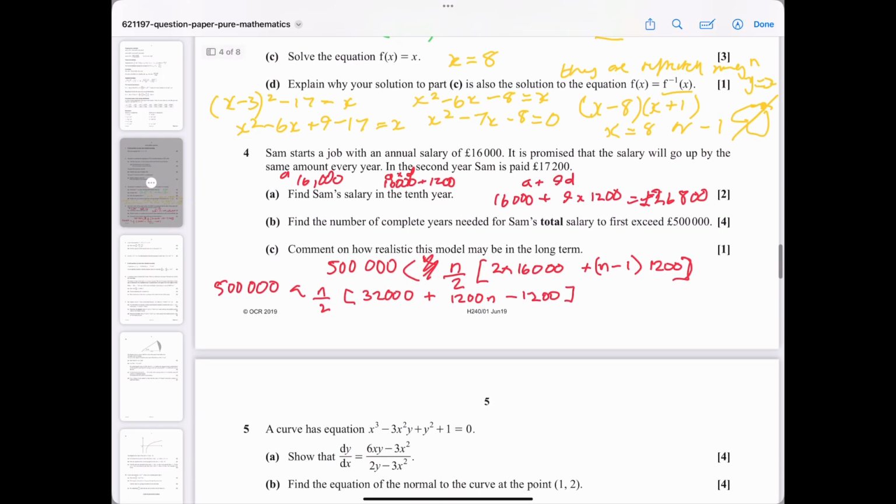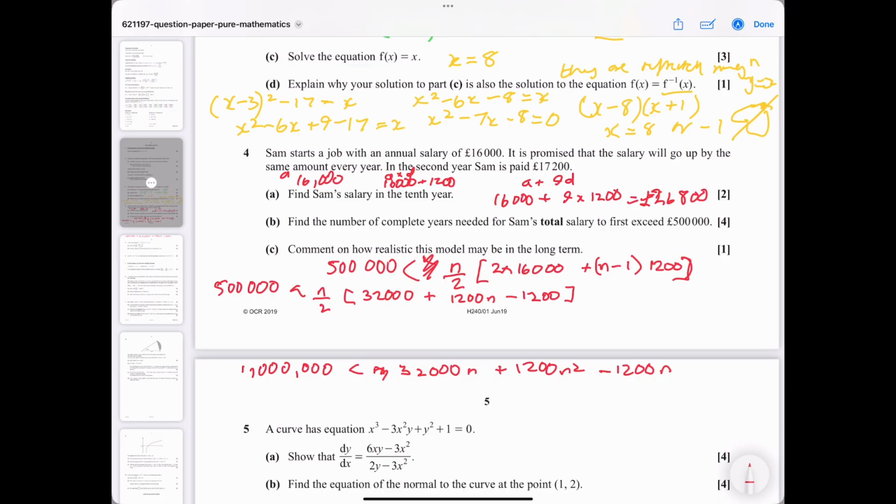Let's times that out by 2, so 1 million is less than 32,000n plus 1,200n squared minus 1,200n.